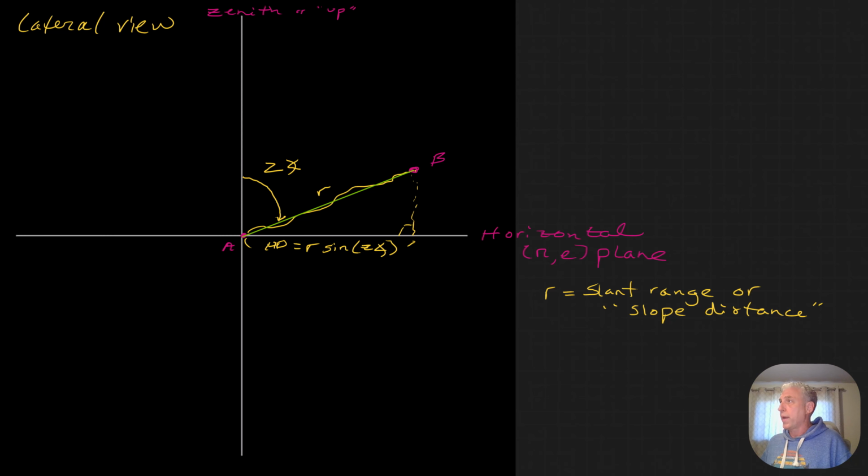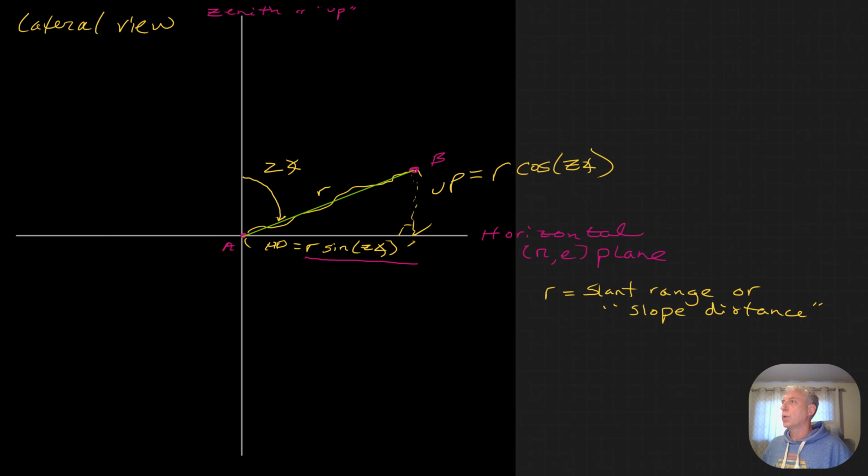And we have our up. So from that distance there, our up value equals, similarly, our slope distance times the cosine of our zenith angle. Right? So anytime we take a measurement, we have our zenith angle and we have our slope distance, and then we calculate our horizontal distance.